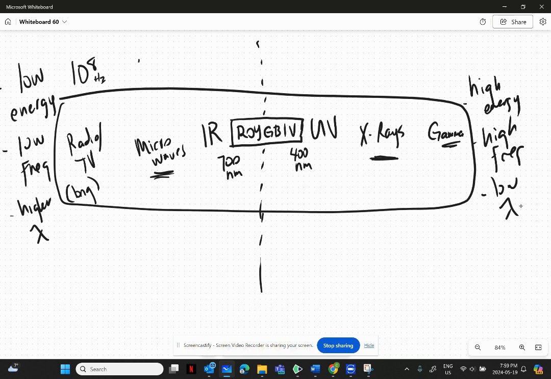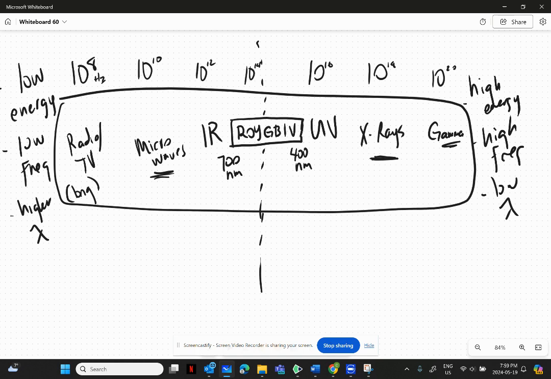So microwaves is 10 to the 10, infrared is 10 to the 12, visible is roughly 10 to the 14. These fit over a spectrum, right? So this is around what they are. Ultraviolet is 10 to the 16, X-rays is 10 to the 18, and then gamma is 10 to the 20. That's really easy to remember, right? It's not really a whole lot to remember, ranges and all of that sort of thing.